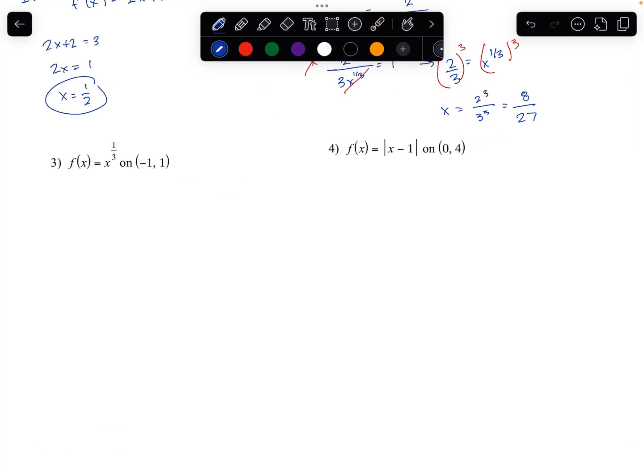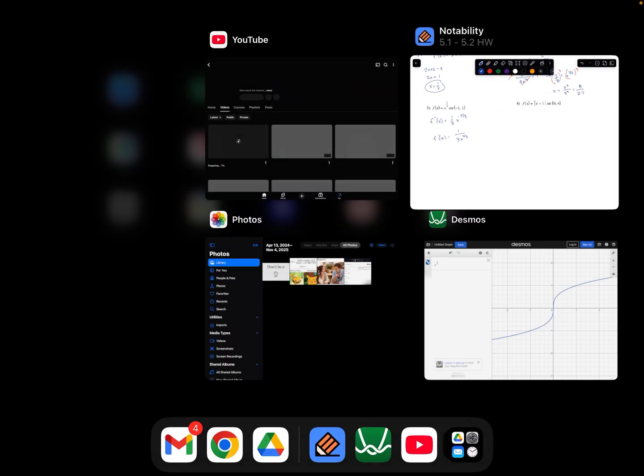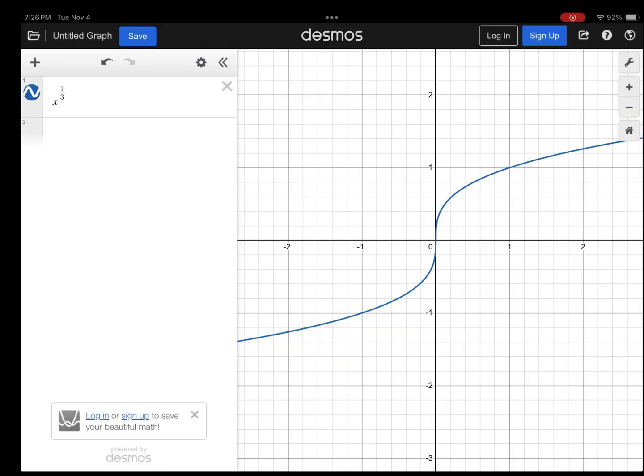So you can also prove this with the derivative. If you take the derivative, so f prime of x, that's going to be equal to 1/3 x to the negative 2/3. So f prime of x is going to be equal to 1 over 3 x to the 2/3. I'm actually kind of curious to see what that looks like.